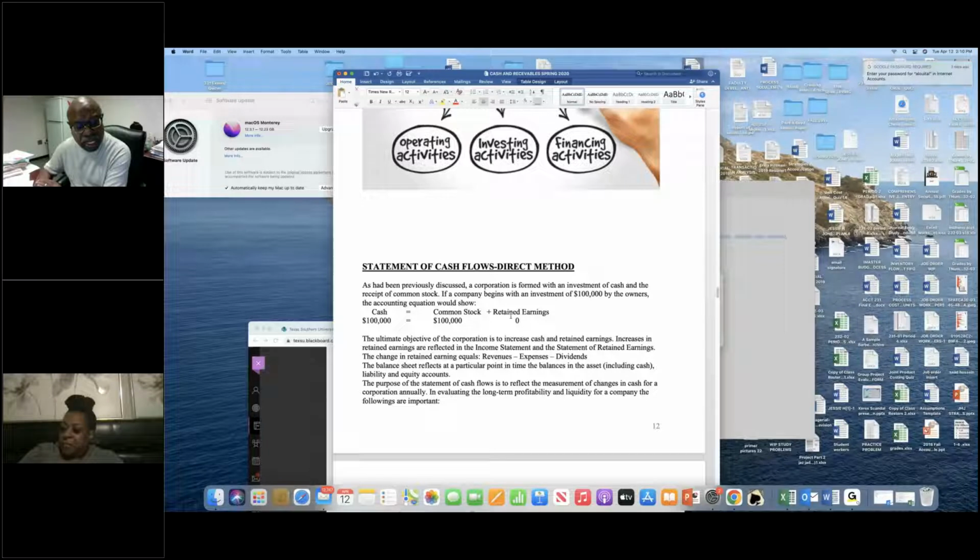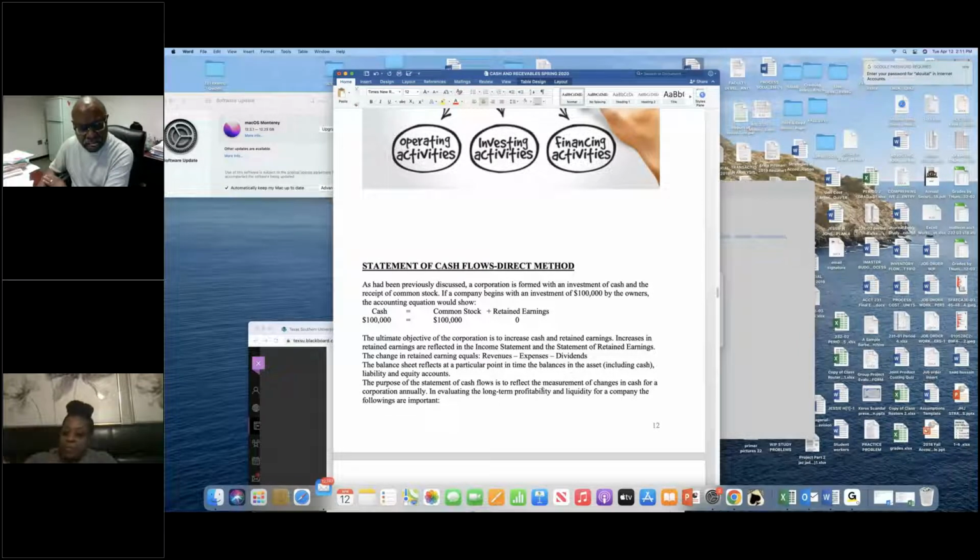That's always the objective. The income statement will show us revenues minus expenses, and the balance sheet will show us where we are at a point in time. But we've got to look and have a record and make sure enough cash is being generated.